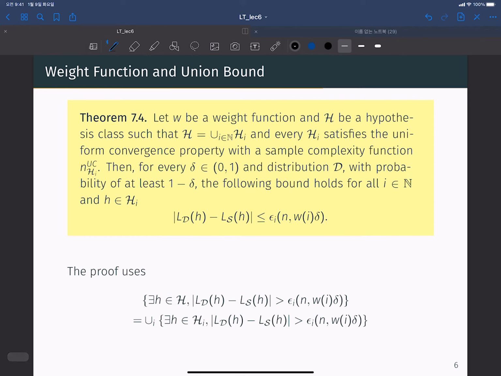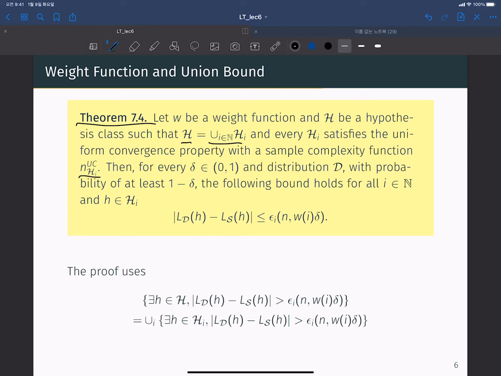Okay, so this is Theorem 7.4. Let w be a weight function we are considering, and H be a hypothesis class such that H is a union of different hypothesis classes H_i, and every H_i satisfies the uniform convergence property with a sample complexity function m_{H_i}^{UC}.